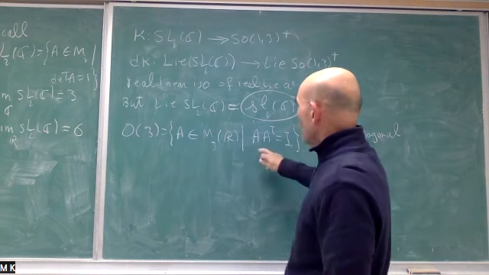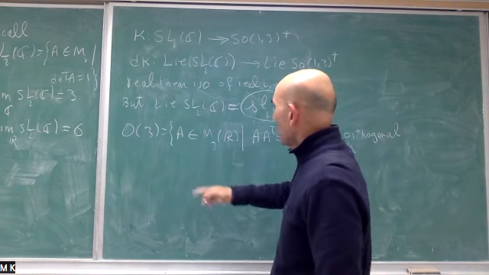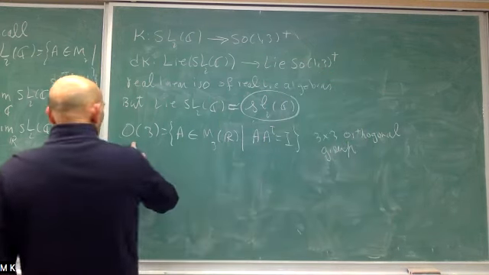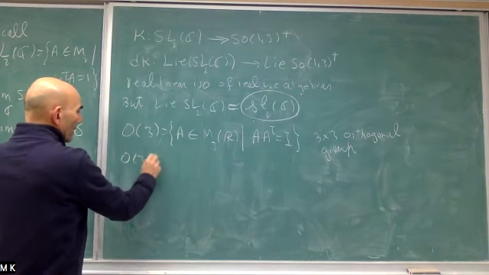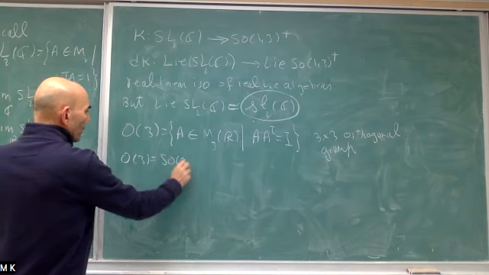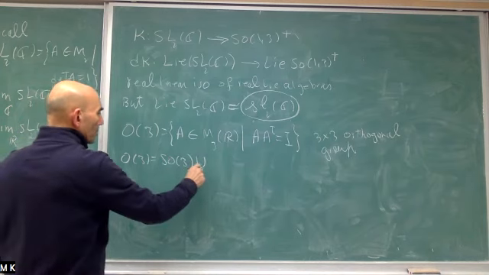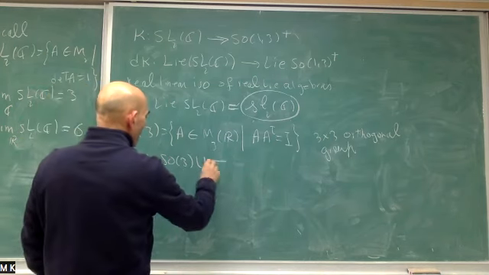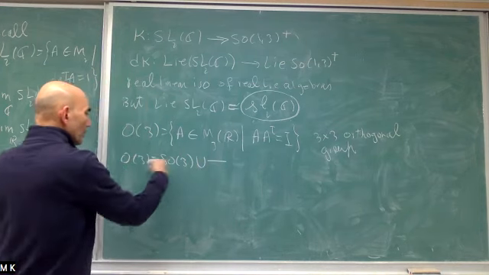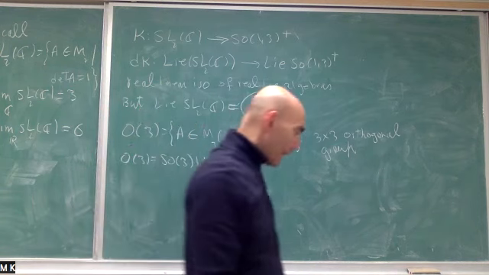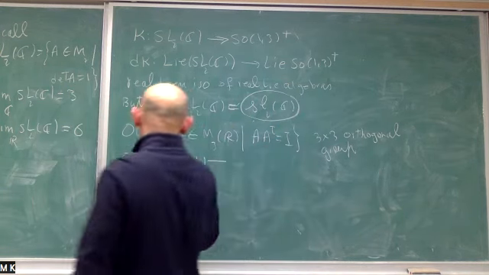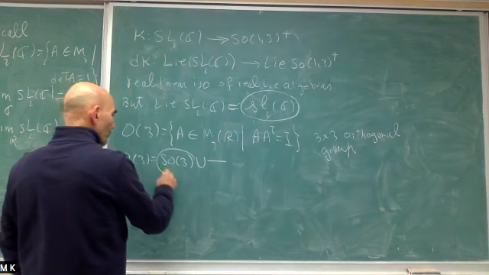Again, this has two connected components. O(3) is equal to SO(3) union the other component, which is the orientation reversing part. What we want to understand is this SO(3).